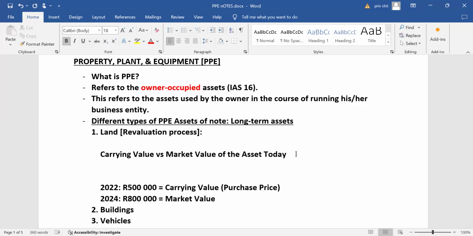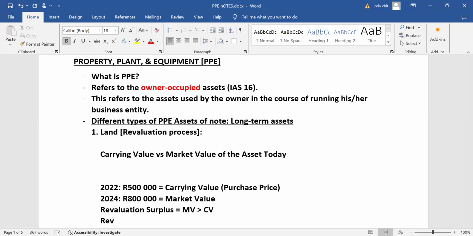So now, if I look at the differences between the two, if the market value is higher than the carrying value of that asset, you would have what we call a revaluation surplus. So this happens when the market value is greater than the carrying value of the property in question.